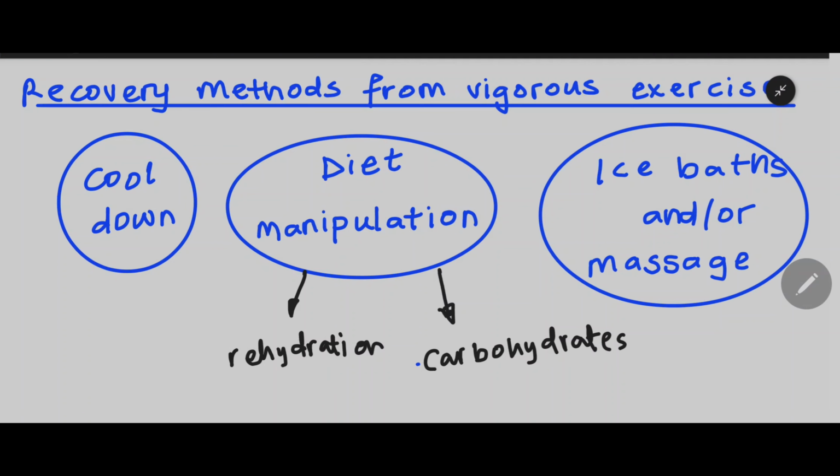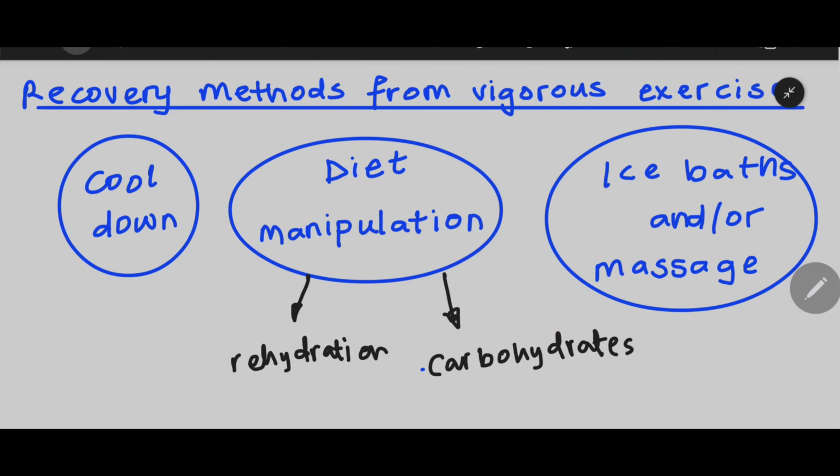So rehydrating helps with recovery, and carbohydrates help to restore your energy stores so that you can perform again. So an example would be a footballer rehydrating after a training session, or a marathon runner and endurance athlete using carbohydrates post session to be able to get ready for their next session.